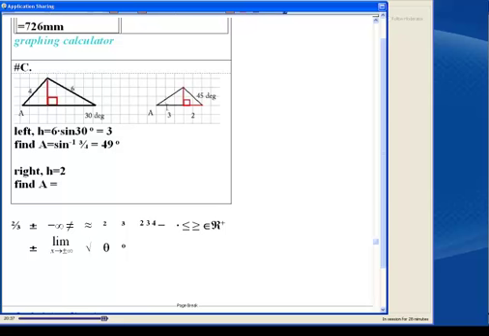Angle A is supposed to be determined. We have now the height given and the adjacent. So again, we use the tangent. Tangent A equals 2/3, or A equals the inverse tangent of 2/3.